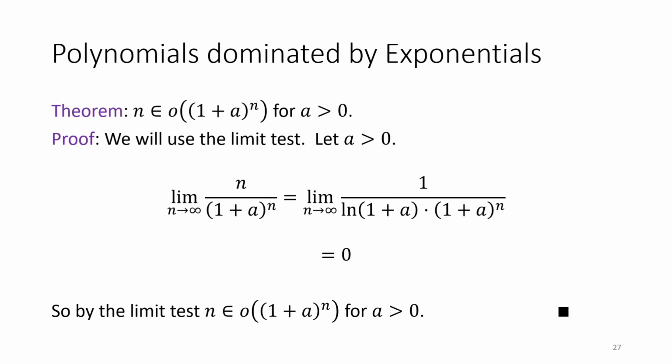Now, for this one I just left it as n, but what would happen if I put n squared? Well, after one iteration of L'Hopital's rule, we would get down to n, or 2n technically.